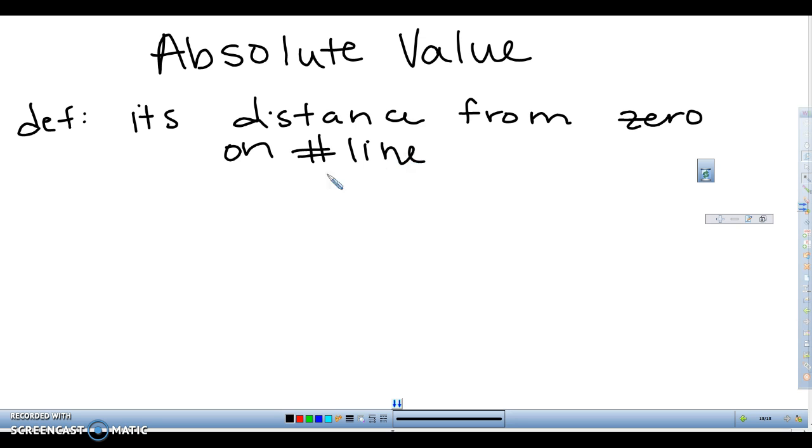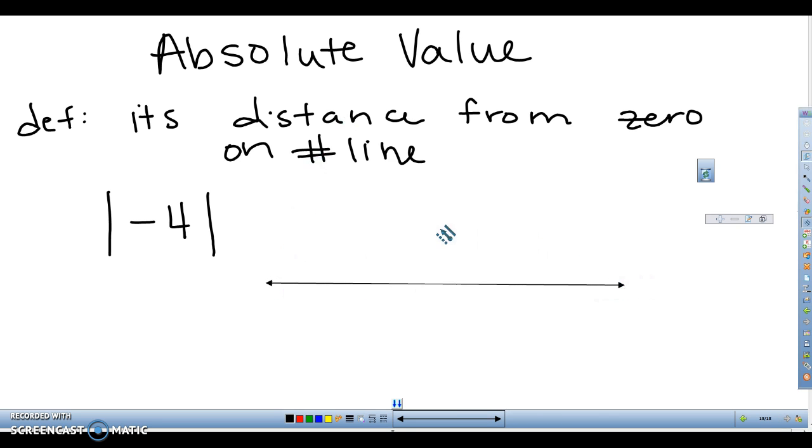Okay? We indicate that this is the absolute value by putting 2 bars around the number. Okay, so 2 bars like that. So let's look at this example. We have -4, and I want to know how far away it is from 0 on the number line, because that's what the absolute value is asking me to do.